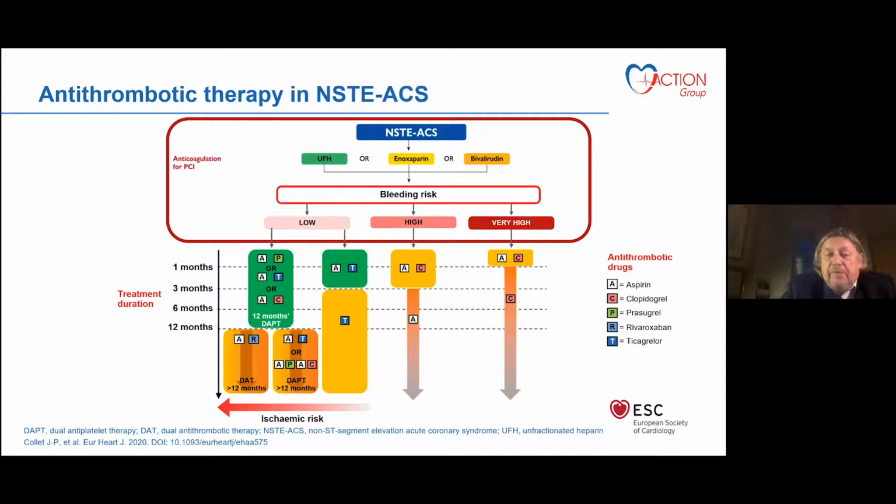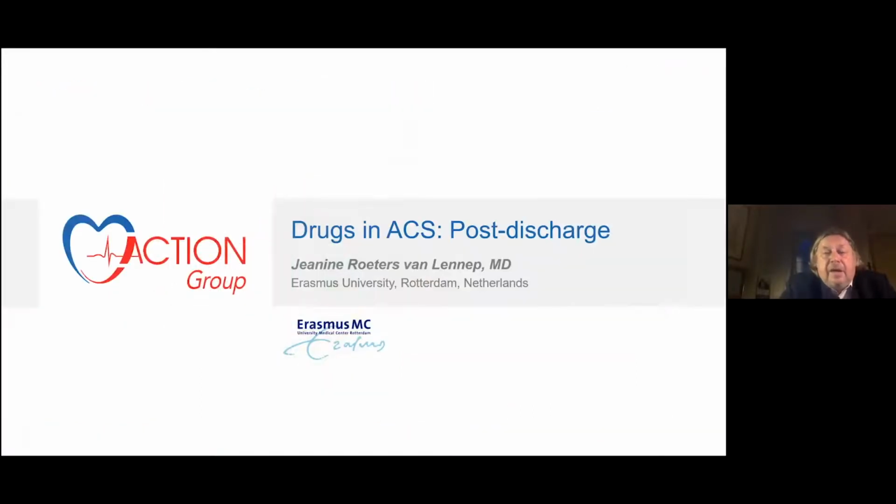But then we really have to look at the bleeding risk, and bleeding risk is much more important in the secondary prevention of these patients, so in the treatment up to 12 months or even longer. But this is a topic that will be presented by our next speaker, Janine Reuters von Lennep. Thank you very much for your attention.